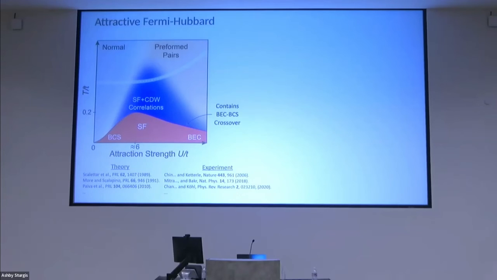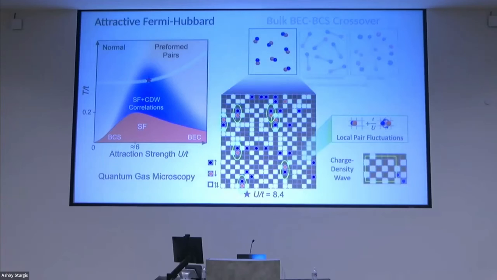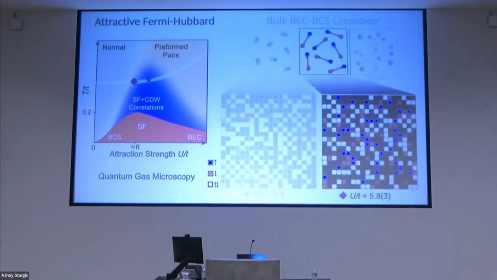Above it you have a correlated soup of charge density wave correlations going on. We can directly take pictures of this gas, and for strong interactions you see lots of white. Those are doublons. But we also see some spin ups and spin downs. They're usually close to each other in this regime, which of course we can correlate and test.